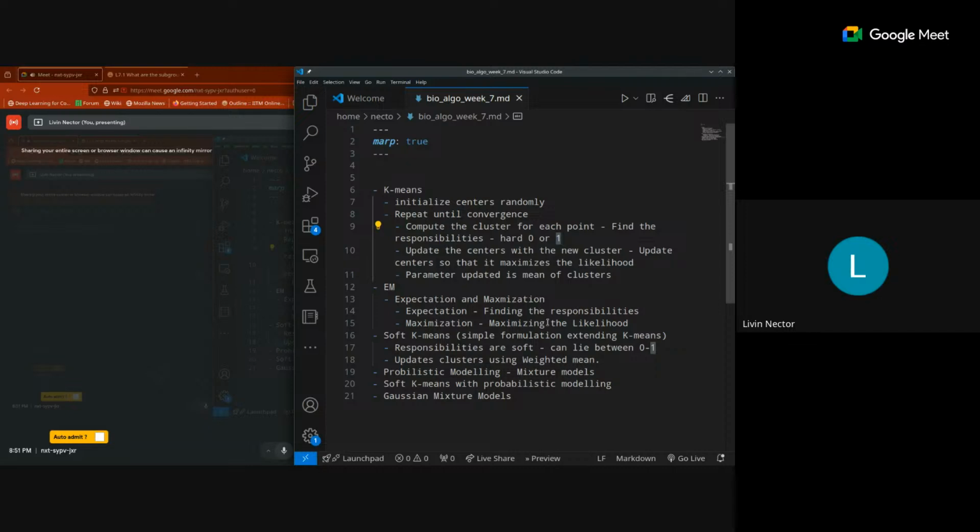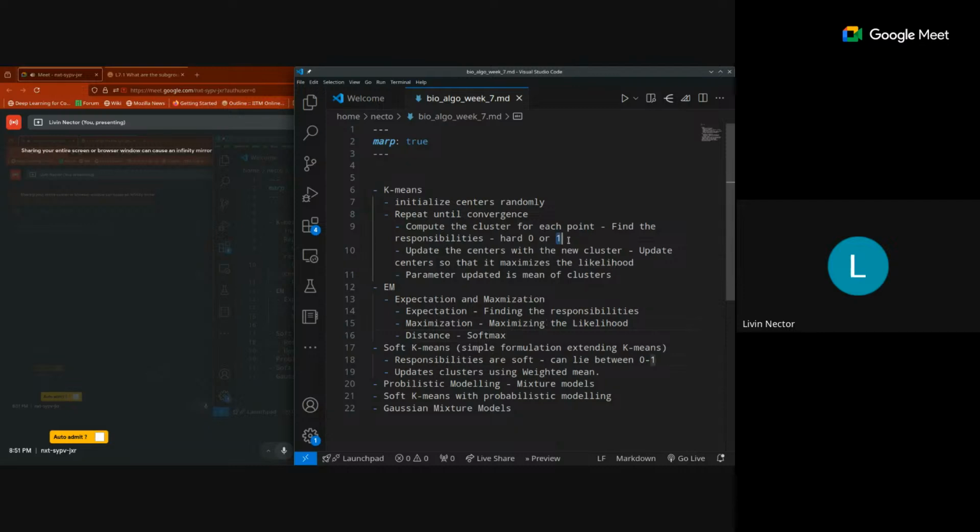But here, since we have to assume a soft thing, how do we use the distance? We use a kind of soft mean. In general, there is a function called softmax.